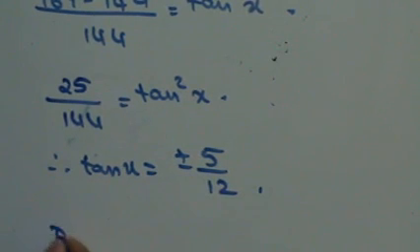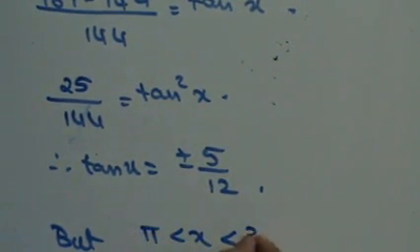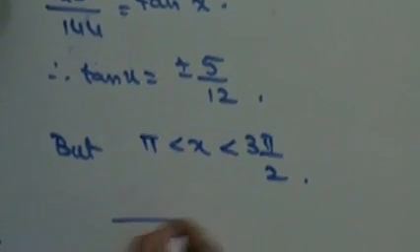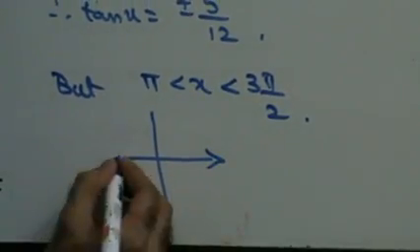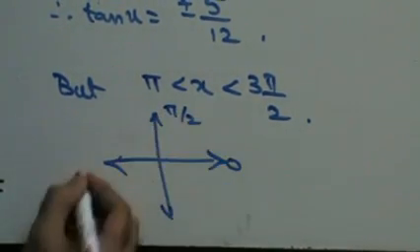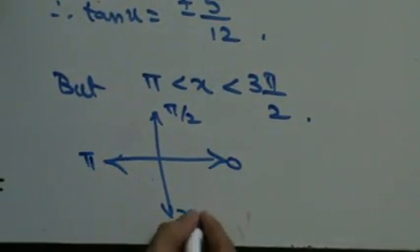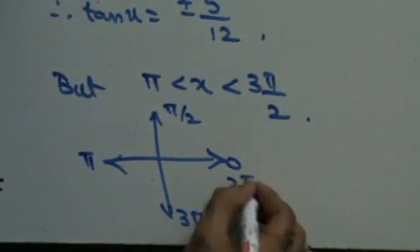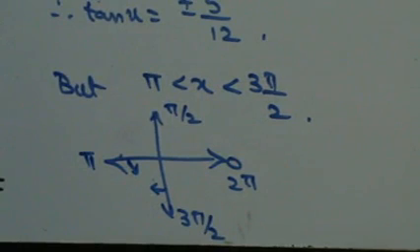But they have given you that x is greater than pi and less than 3 pi by 2. Let's draw the diagram, guys. This is 0, pi by 2, pi, 3 pi by 2 and 2 pi. They are saying that it is greater than pi and less than 3 pi by 2.